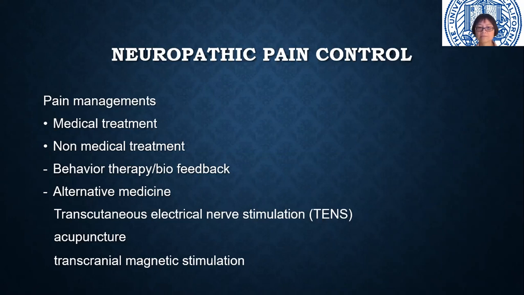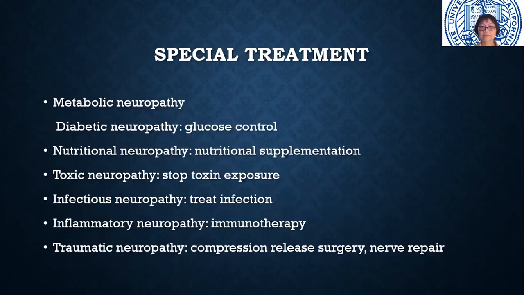And there are some reports about the application of transcranial magnetic stimulation to help pain control. Although right now, I don't think our institution, University of California, Davis, is offering transcranial magnetic stimulation. It could be a possible choice in the future. Maybe this needs more research and clinical trials so far.